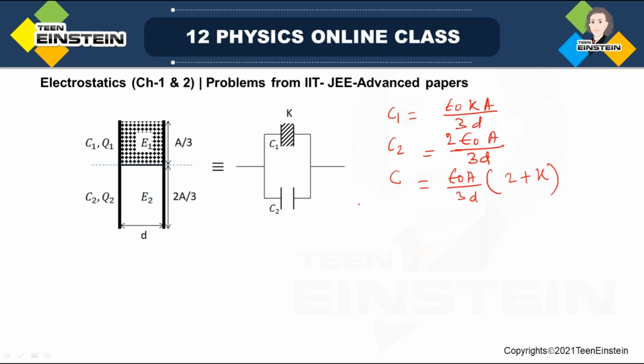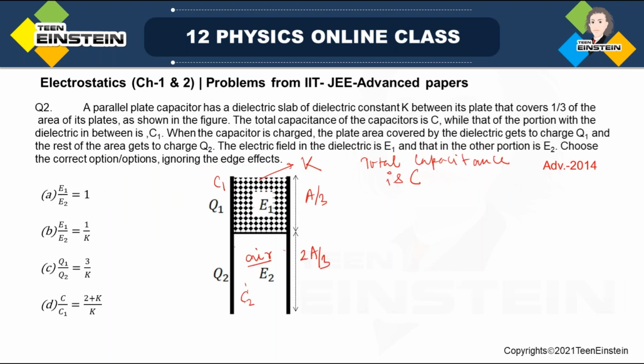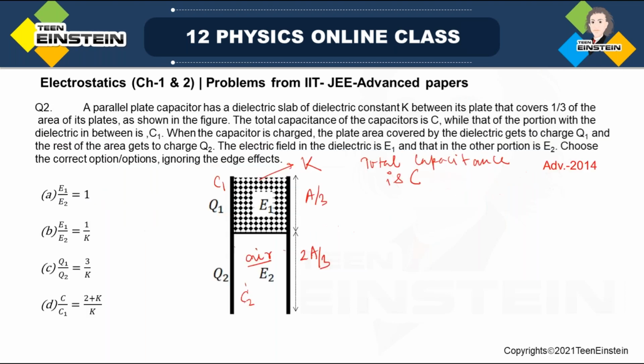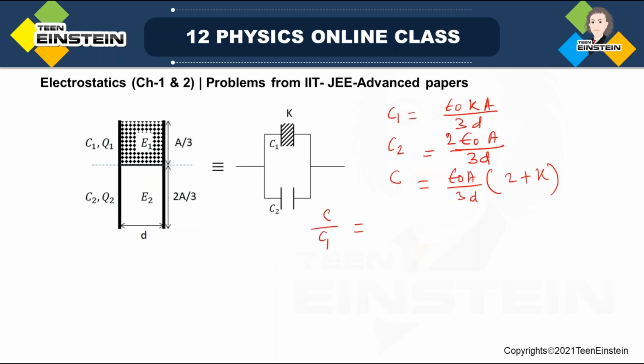So now there is an option C here, C by C1. Let us see what C by C1 is. C is epsilon 0 A by 3D, and what is C1?